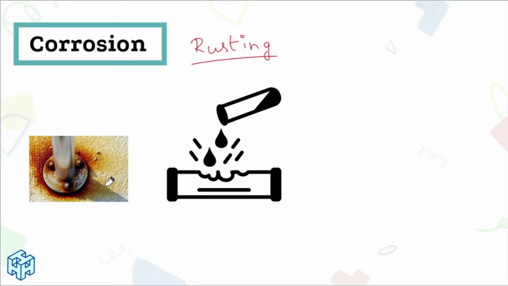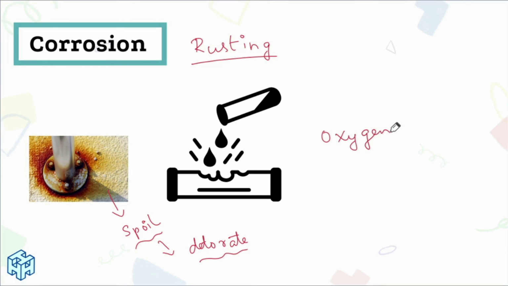Rusting is nothing but the spoilage of any metal, spoiling or deteriorating. Deteriorate means spoiling, getting damaged. Yes, deteriorating in the presence of oxygen, or due to oxidation. Sir, how does this happen?